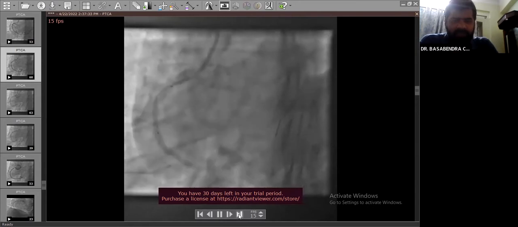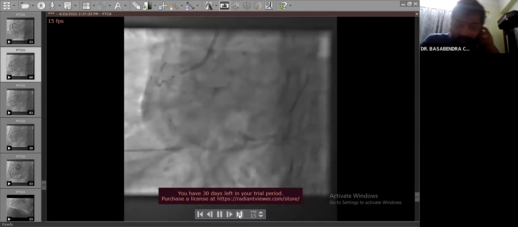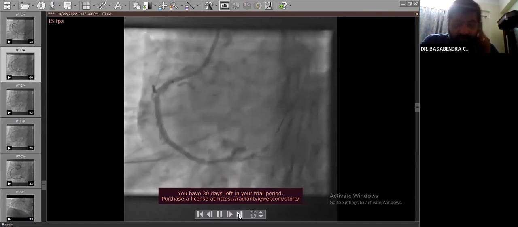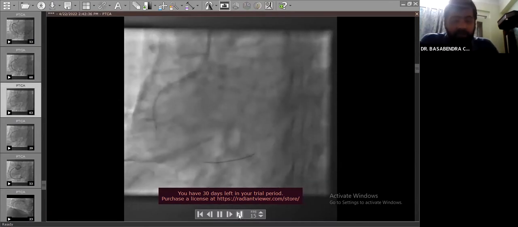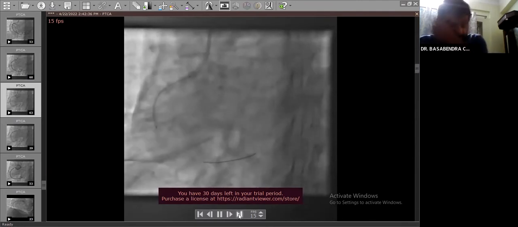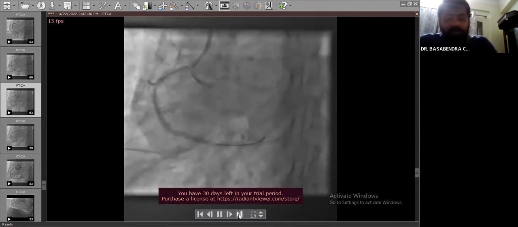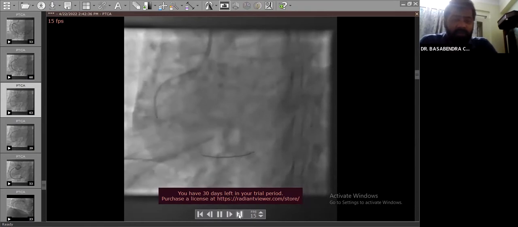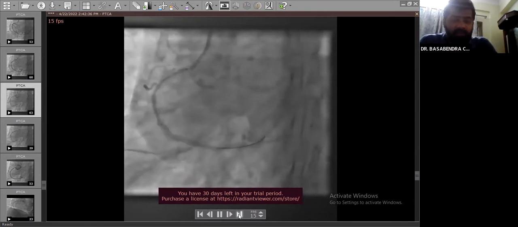Then with the stent balloon, we measured the approximate length of the proximal stent which we would require. We had to take a long stent, 40 millimeter, a 3.5 into 40 stent, overlapping with the distal stent.